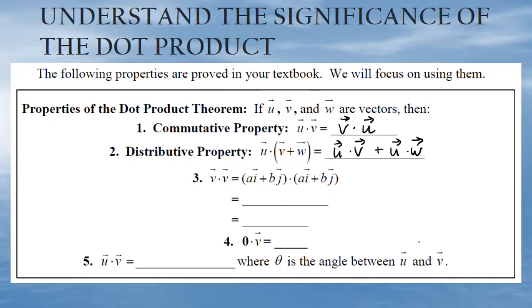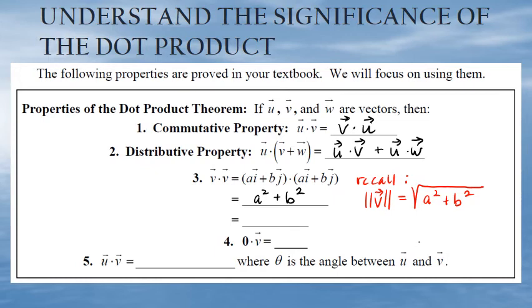Number 3, if we take a vector and we dot product it with itself, what we saw in the previous slide is that we ended up with a squared plus b squared. And if you recall, let me just put this off to the side, in the last section we said that the magnitude of a vector is equal to the square root of a squared plus b squared.